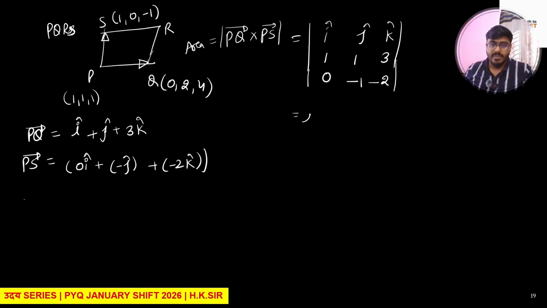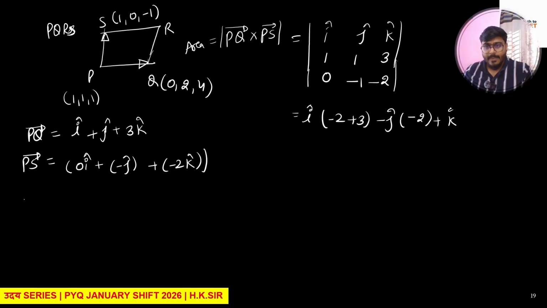Now open this determinant. i cap times minus 2 plus 3, minus j cap times minus 2 plus k cap times minus 1. So that is i cap plus 2 j cap minus k cap. So this is PQ cross PS, but we have to take the magnitude now.